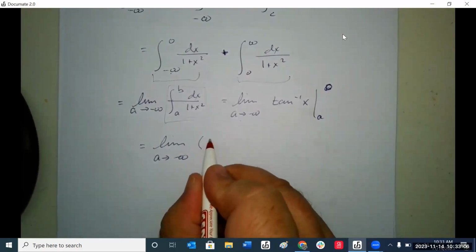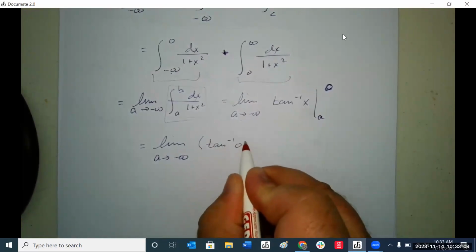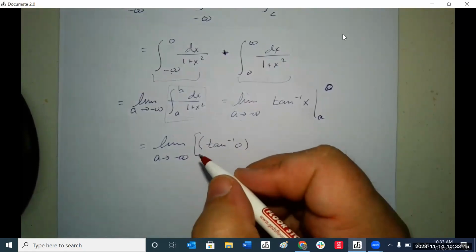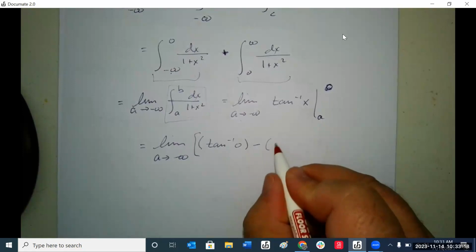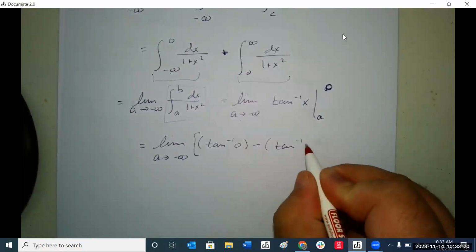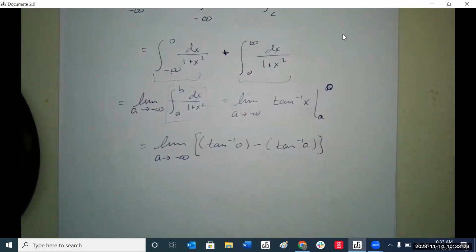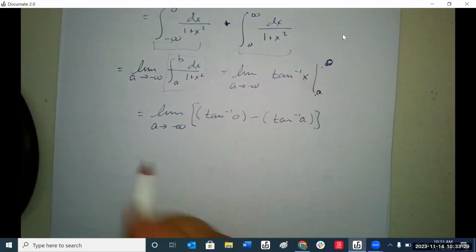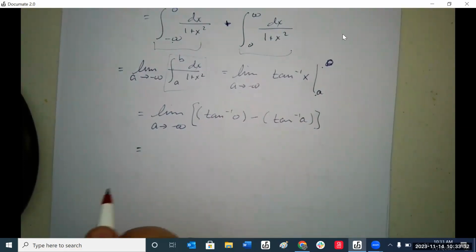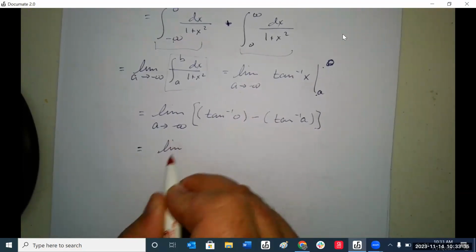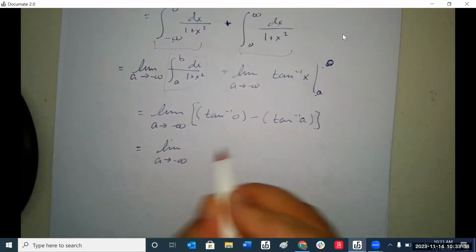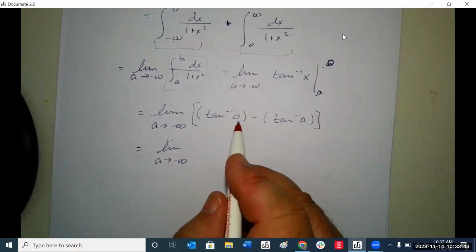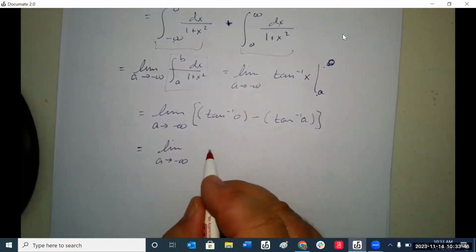So at this one, we have inverse tangent of 0 minus inverse tangent of A. Since inverse tangent at 0 is 0.